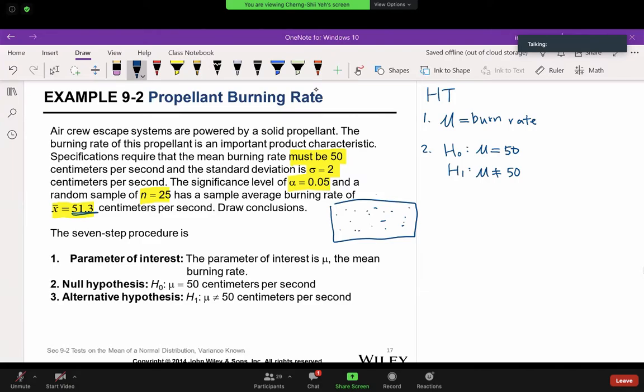But there's only one population which we do not know. So what can we do? We are collecting some random samples. In this case, we've collected 25 of them. So their average is 51.3. What we don't know is, if we collect another 25 samples, is it still going to be greater than 50 or less than 50?